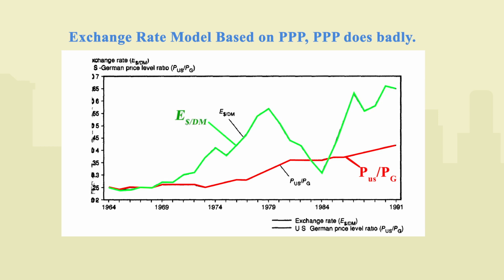The line with sharp fluctuation indicates the actual exchange rate between the US dollar and the Deutsche mark. The gaps between these two lines at certain periods are huge, though the trends of them are similar.